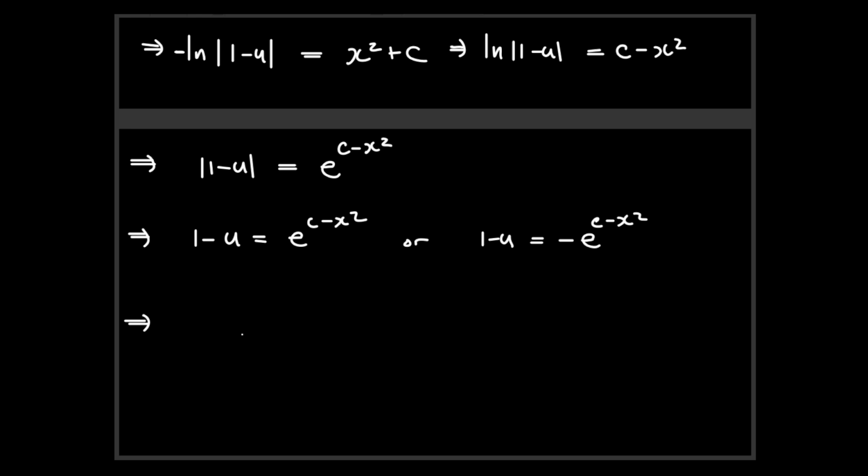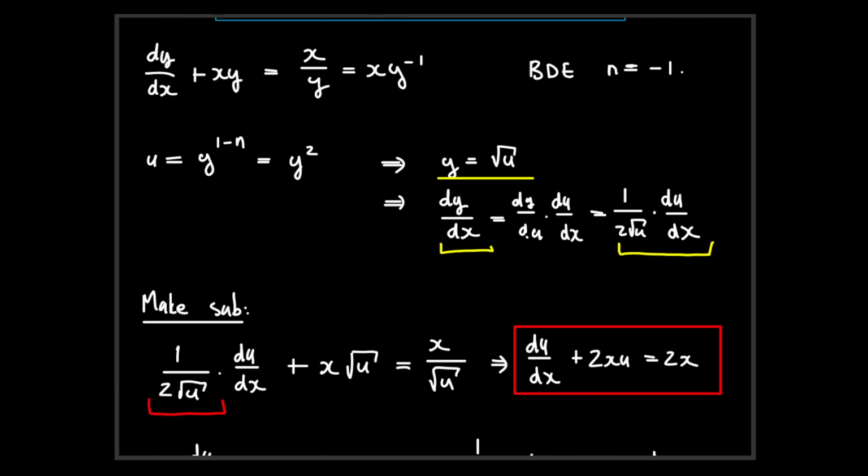Okay, now let's write everything in terms of y, because we're in a position to do that. So we have 1 minus u, and u is equal to y squared, if I remember. Yes, u is equal to y squared.